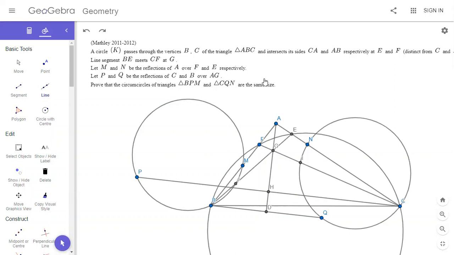So if we can show GF over GI is GE over GJ. So wait, does that mean FEIJ is cyclic? No, we want to show they're parallel.